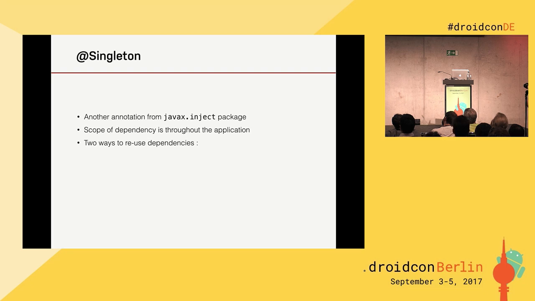There are two ways to reuse dependencies. Firstly, you can annotate the provider methods, that is, the methods in your module class, with the @Singleton annotation. And the second way is you can annotate the dependency class itself. On top of the class, you can write the annotation, and you can reuse it then.